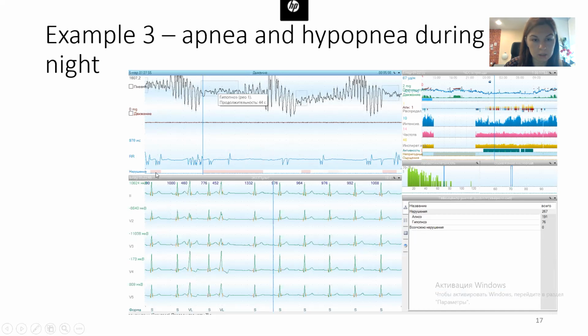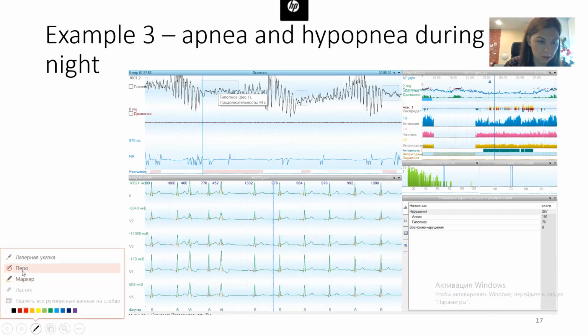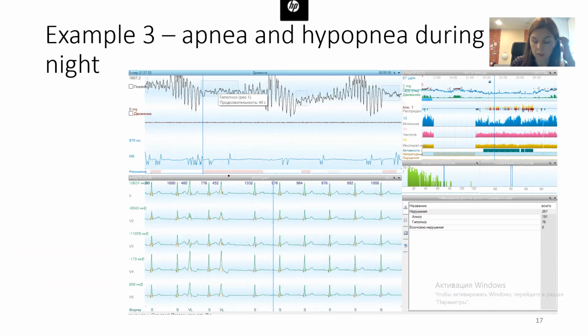These rectangles reflect apnea and hypopnea events. Here we have a hypopnea with a duration of 44 seconds. And here we also have some events on our signal.